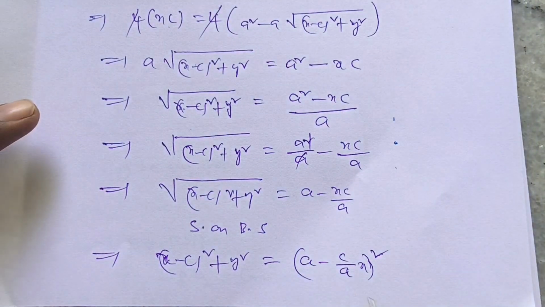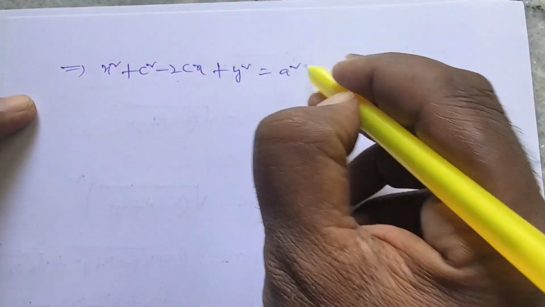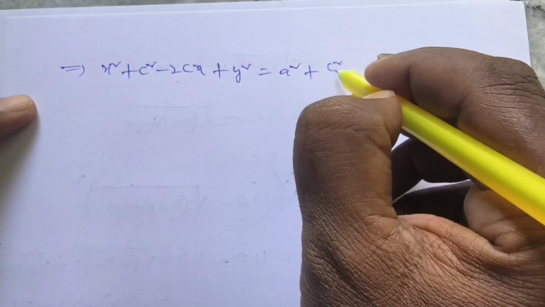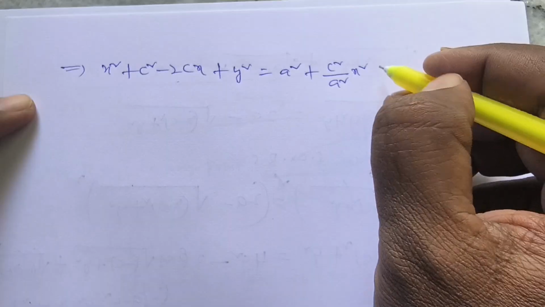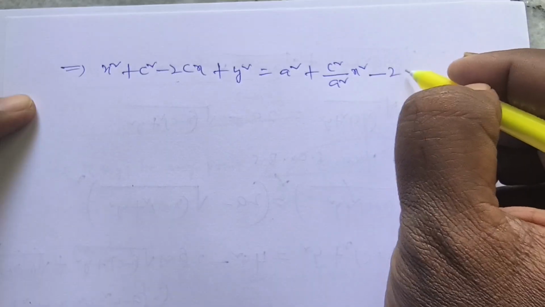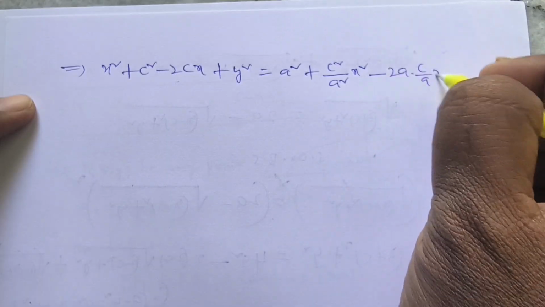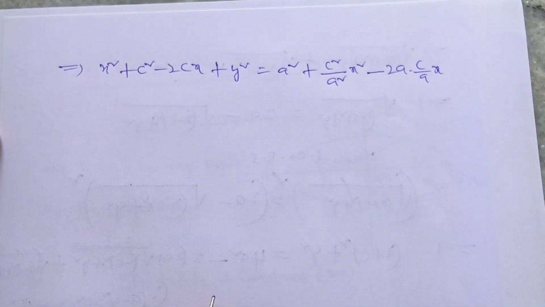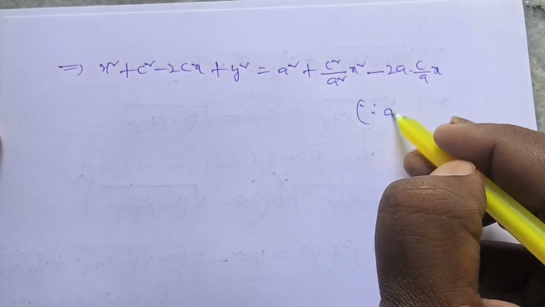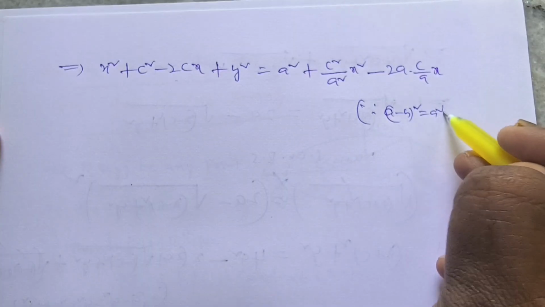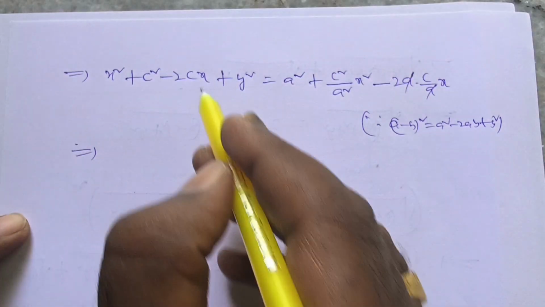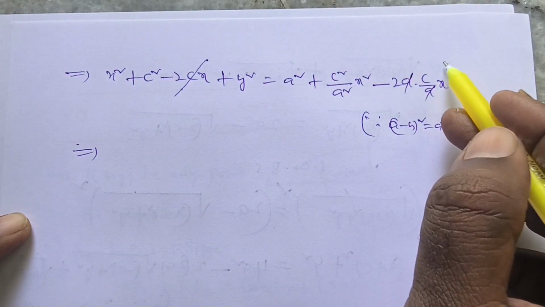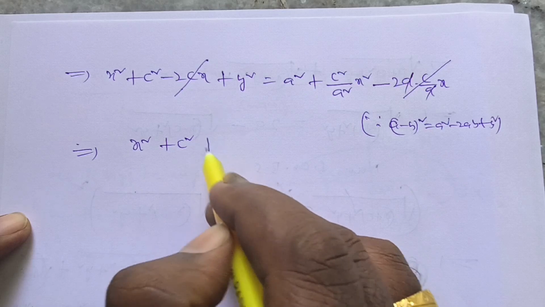Here (x minus a) whole square means (a minus b) whole square formula, and the right hand side also the (a minus b) whole square formula. a square plus b square means c square by a square x square, minus 2 into a means a, b means c by a x, 2ab. Since (a minus b) whole square formula. Here a cancels and minus 2ca, the remaining part is minus 2cx cancel.